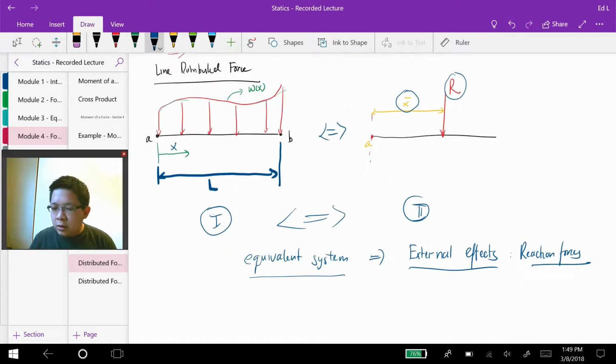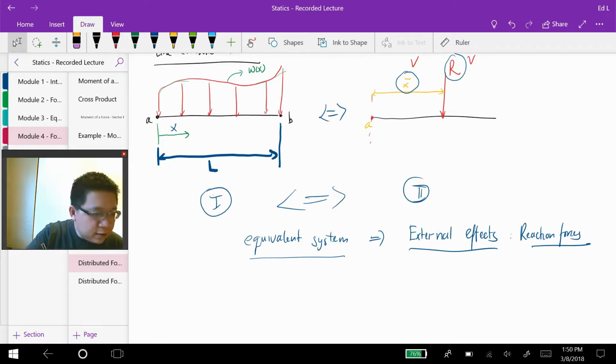Let's formulate two equations on how we can calculate R and x bar.